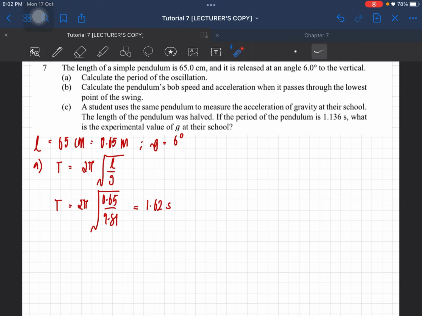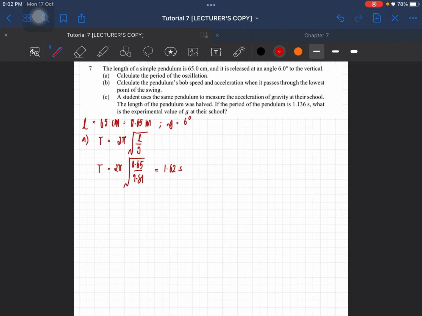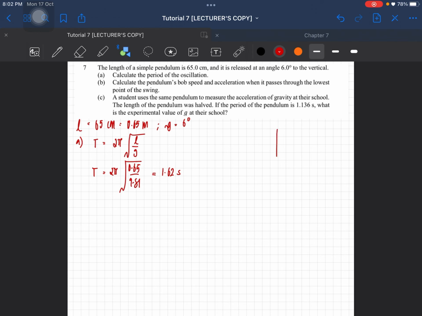For question B, we have to calculate the pendulum's bob speed and acceleration when it passes through the lowest point of the swing. So we know that the pendulum bob is something like this. The lowest point of the bob is here, at this point.